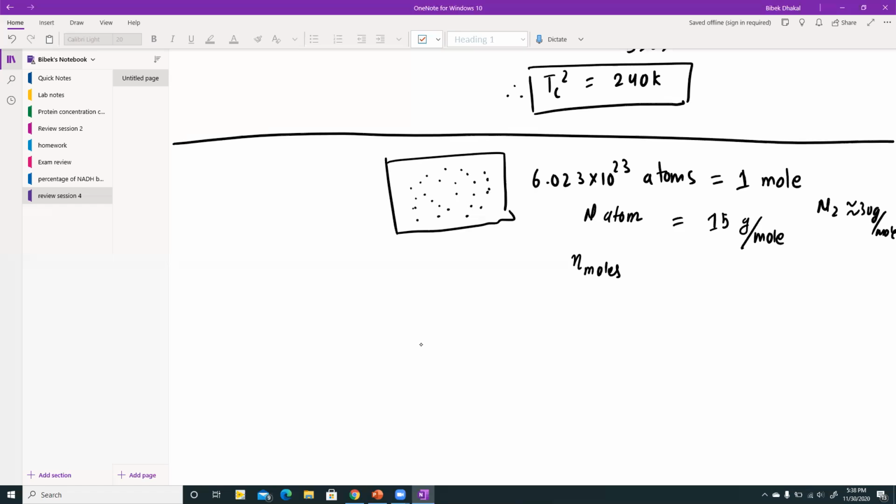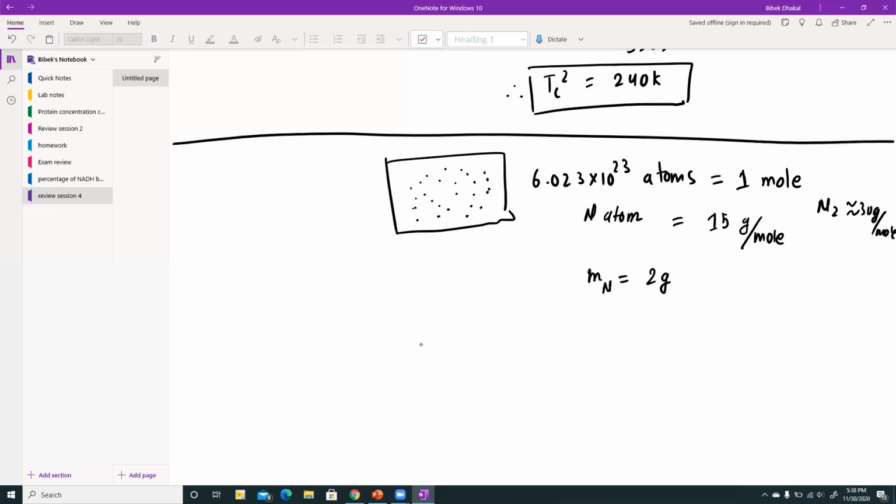So the number of moles is hidden in the atomic weight or the molecular weight. If you have a mass of something given, then you can calculate the number of moles. Let's suppose the mass of the nitrogen atom is given to you, about 2 grams.